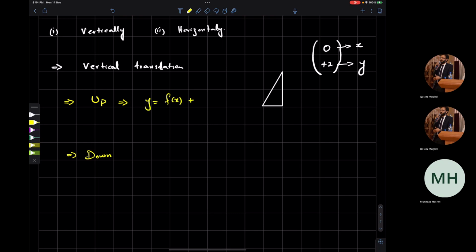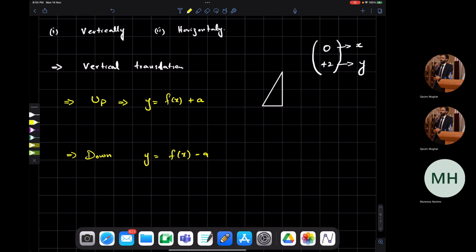Basically, you'll be adding something into it. Let's just take a constant a. If you want to take the graph down, you'll be subtracting something from it. Okay, so let's just take an example here.